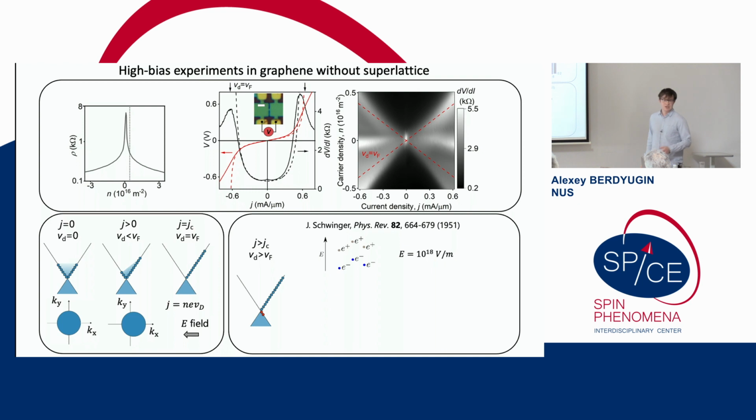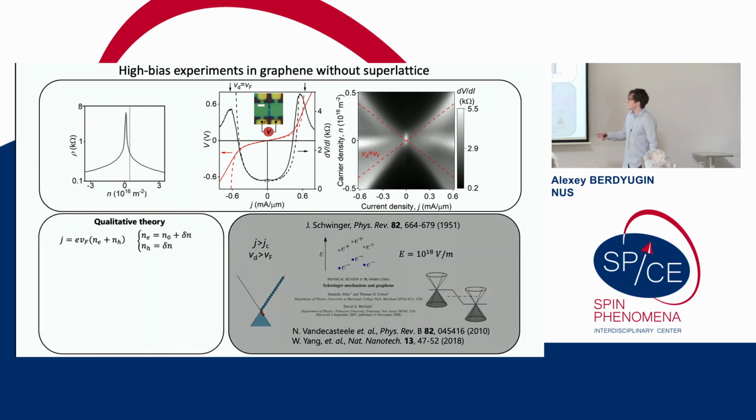This process is actually a direct analogy of the so-called Schwinger electron-positron creation in a vacuum, which was predicted in the 1950s. But in real space, to observe this effect, you need to apply an enormously high electric field, which was never done in an experiment before, because this process has a gap in real space equal to 2mc squared. But in graphene, you don't have any gap. So if you try to bias, and if you use the correct geometry, that's the main effect which you will see there, the creation of electrons and holes.